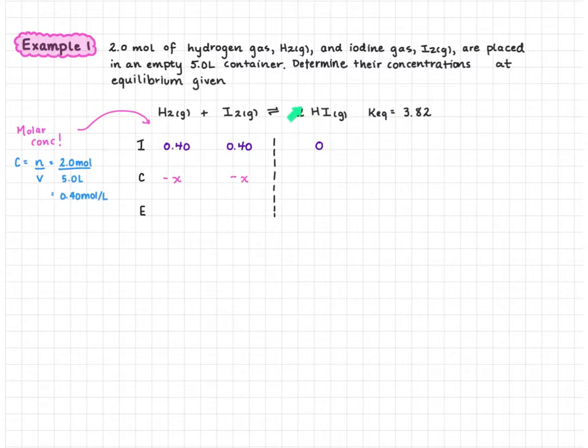There's a 2 in front of hydrogen iodide, so our change for hydrogen iodide will be positive 2x. So our coefficient matches the coefficient for x. So we can now add down this column to get our equilibrium concentrations. For hydrogen and iodine, it's 0.40 minus x, and for hydrogen iodide, it's 2x.